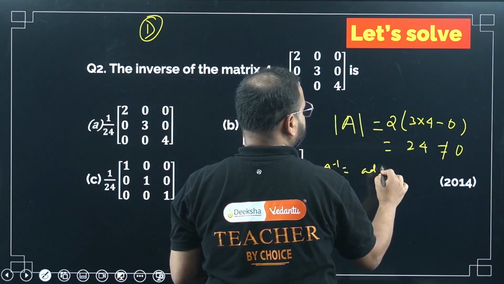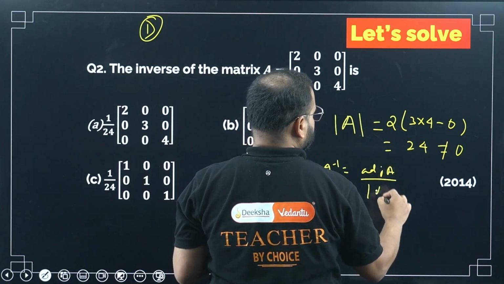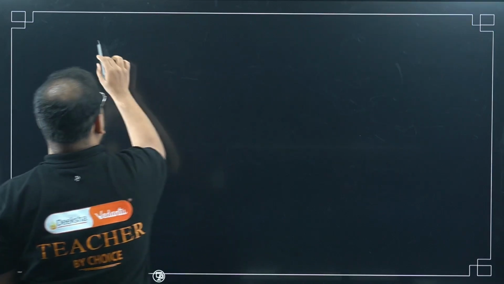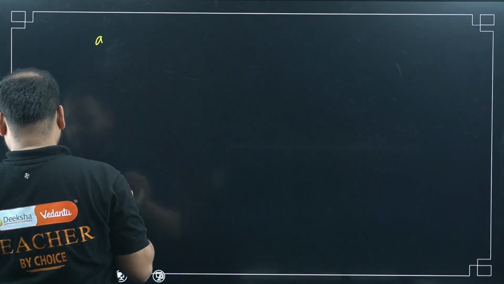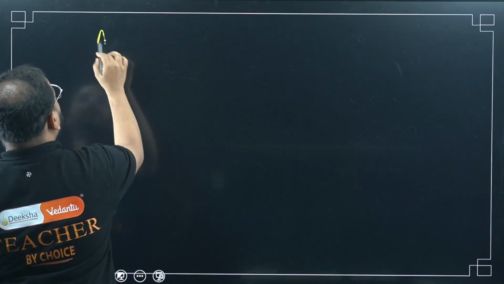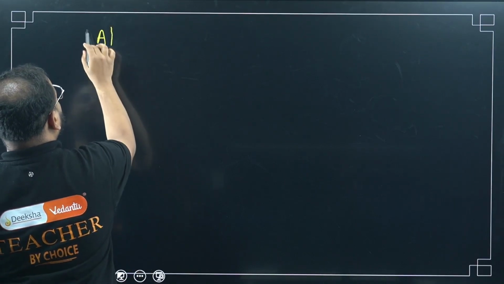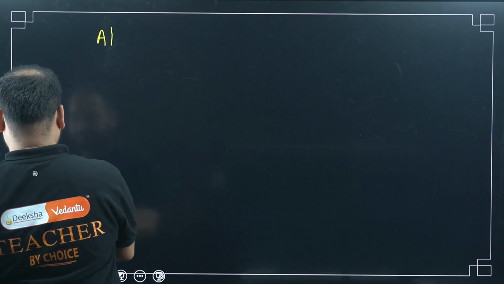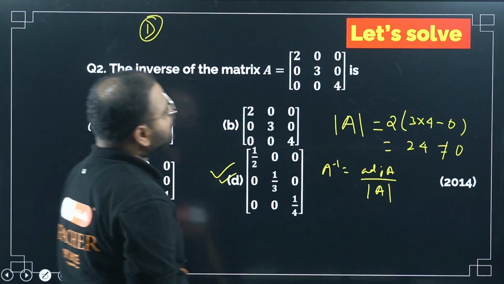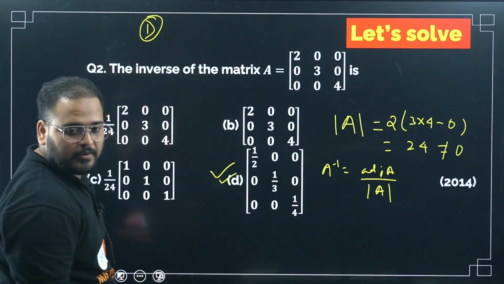Adjoint A upon this. Let's find adjoint A over here. First let me write the matrix A itself, so we don't have to go back every time. My matrix is 2, 3, 4, rest all 0.